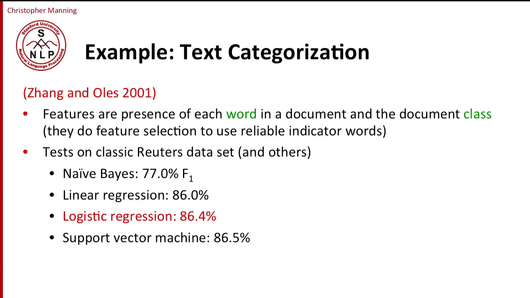They also train a support vector machine model, which is another very common and popular discriminative classifier used widely for text-based models like text categorization. Its performance is almost indistinguishably different from the logistic regression model. And so that's something interesting that comes out in a lot of recent work.